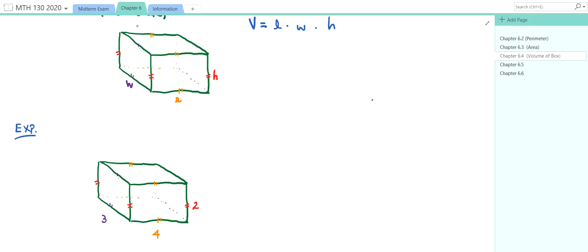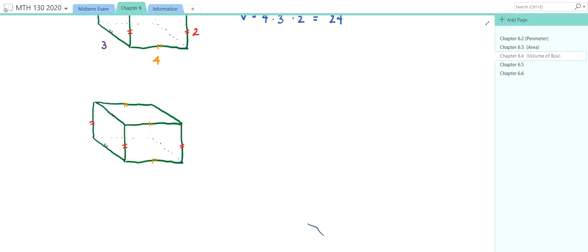Then for this box, the volume is going to equal 4 times 3 times 2 equals 24. 24 units is the volume of this box.